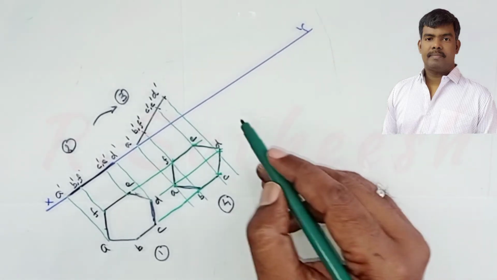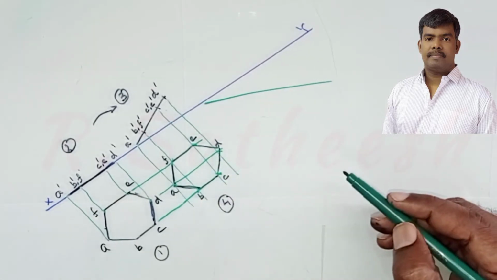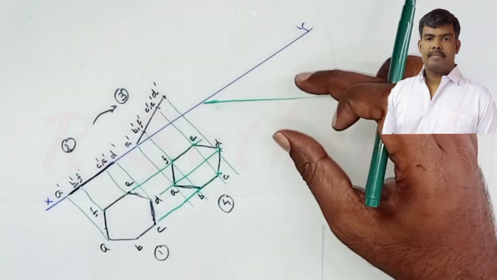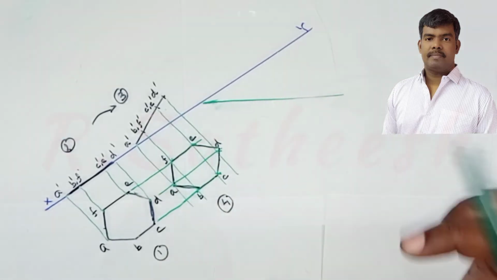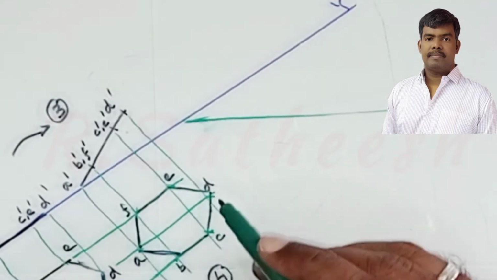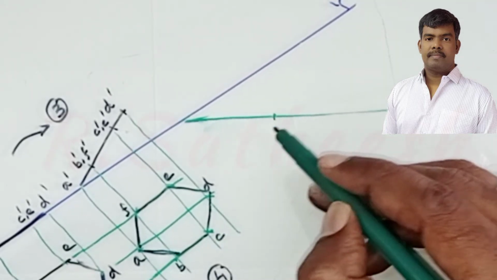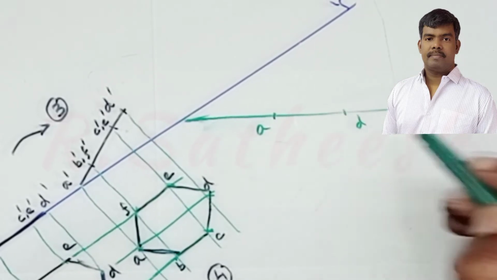Here you draw a 40 degree line, and keep the same diagram, same shape and size, here. Instead of horizontal, you keep it at 40 degrees. Clear? So for example, locate A and D, at the same distance.